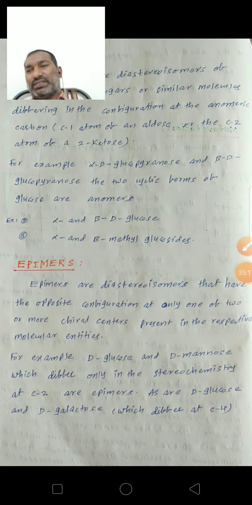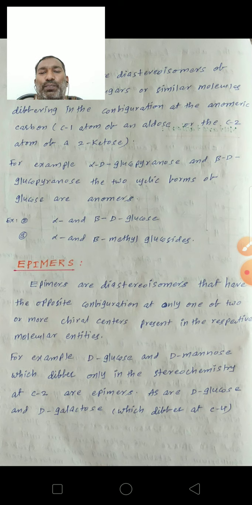Next, epimers. See here, epimers are diastereoisomers that have the opposite configuration at only one of two or more chiral centers present in the respective molecular entities.